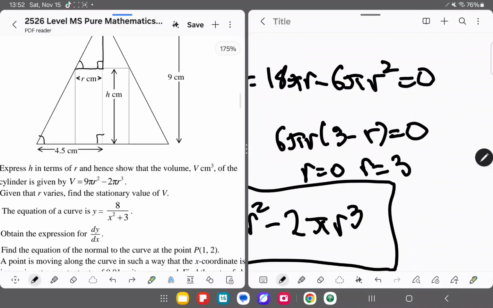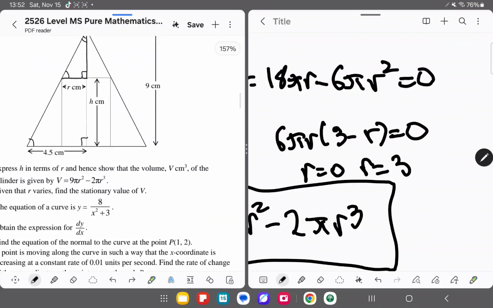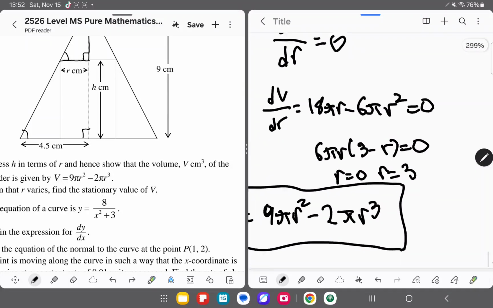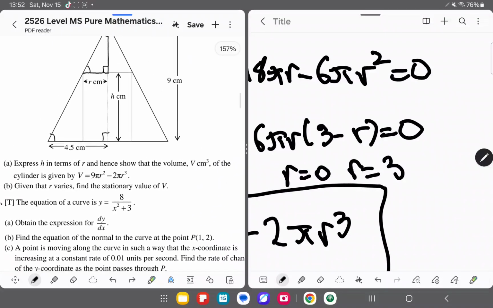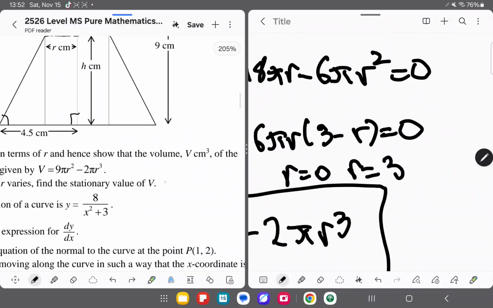To find the stationary value, we must look at the range of values of r. Actually, I don't necessarily have to. Given that r varies, r can be 0 or r can be 3, so just put r equals 3.